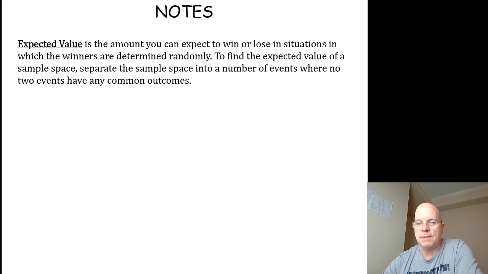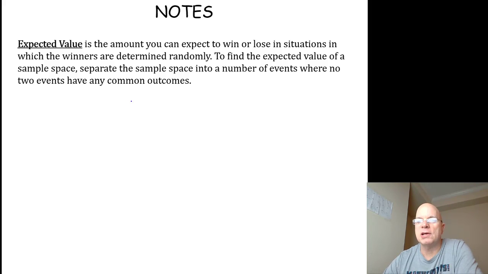So this idea of expected value applies to so many things. To find the expected value of a sample space, all the possible outcomes, separate the sample space into a number of events where no two events have any common outcomes. So the sample space for that City of Naples sweepstakes would be the possibilities: winning $2,500, winning $1,000.